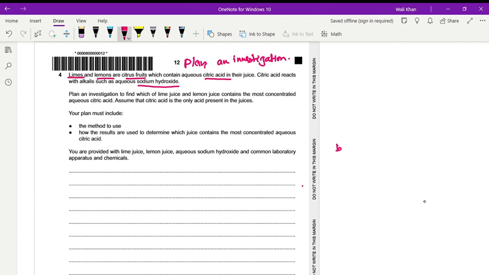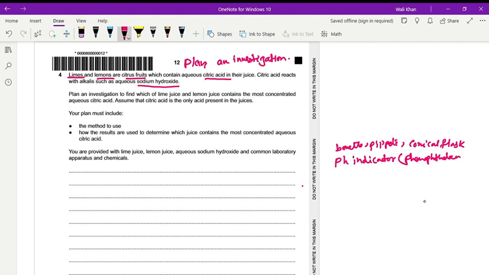So burette, pipette, conical flask, pH indicator, phenolphthalein.